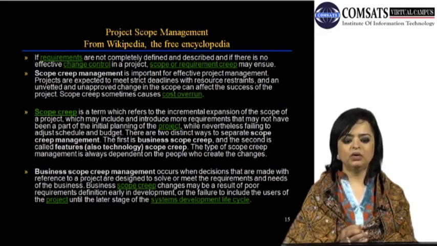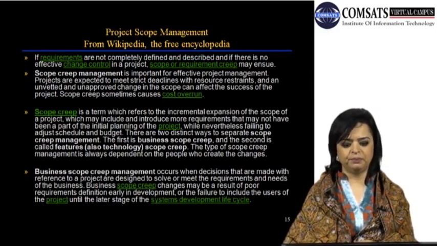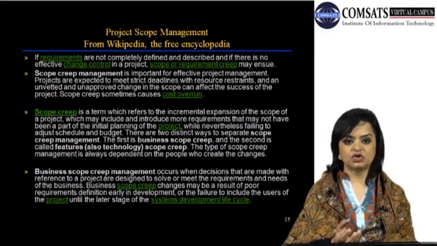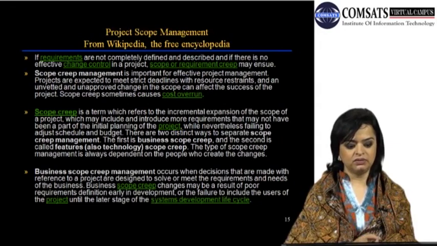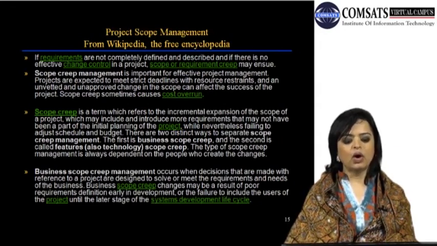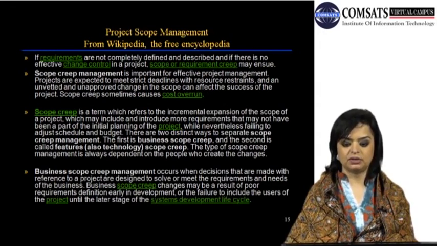So if I go and look at what Wikipedia has to offer from the project scope management definition perspective: if requirements are not completely defined and described, and if there is no effective change control in a project, scope or requirement creep may ensue. Right?